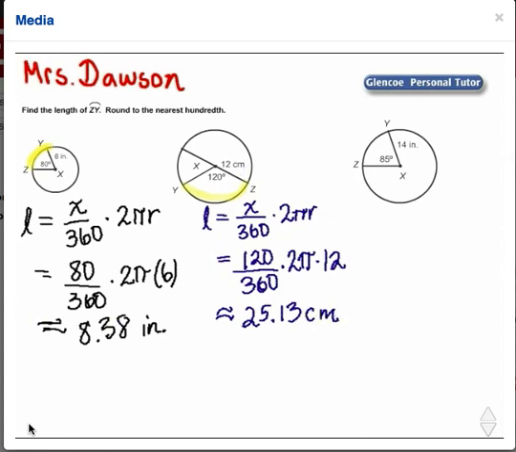And then the last one, we're still looking for the length of arc ZY. Same formula. Arc length is the measure of the central angle divided by 360 times the circumference of the circle, 2 times pi times the radius. The measure of the central angle is 85 degrees divided by 360 multiplied by 2 times pi, and the radius in this problem is 14 inches.